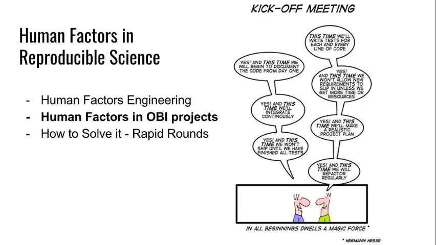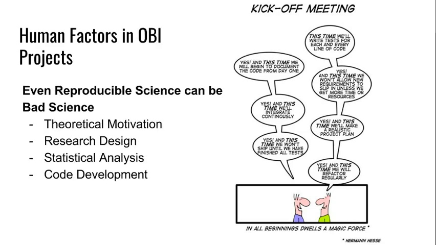So, what are the human factors that come into your online brain intensive projects? For the most part, even reproducible science can be bad science, and you'll see that for 4 reasons. Sometimes it comes into just the base theoretical motivation behind the project. What was the motivation behind your hypothesis?